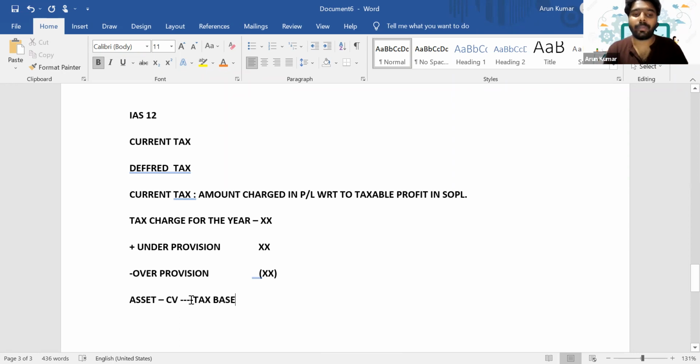So the carrying amount will be greater than the tax base. Is it clear? So there is a difference, and is this difference a temporary difference or a permanent difference? This will be a temporary difference.